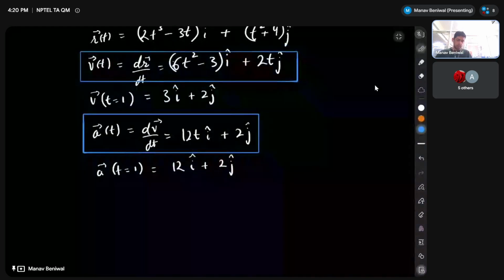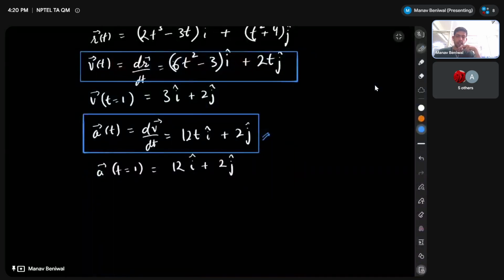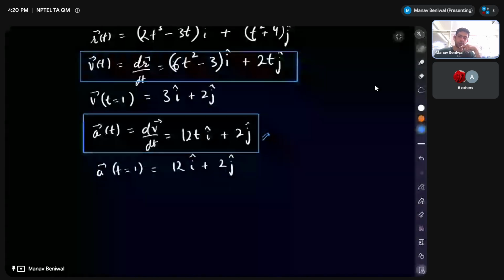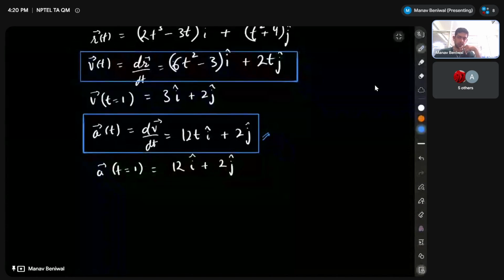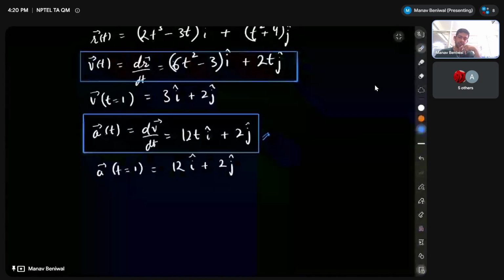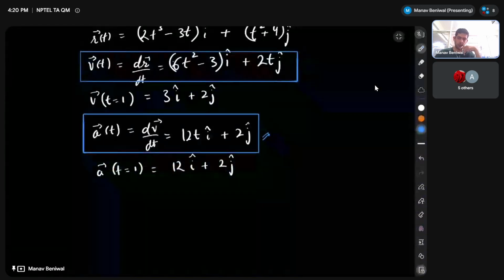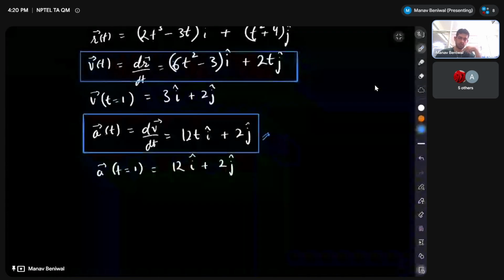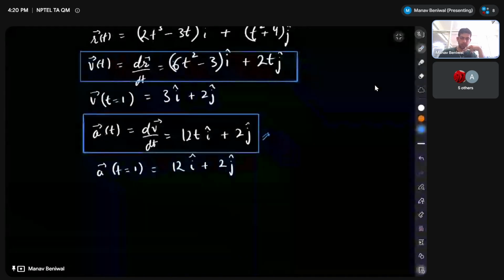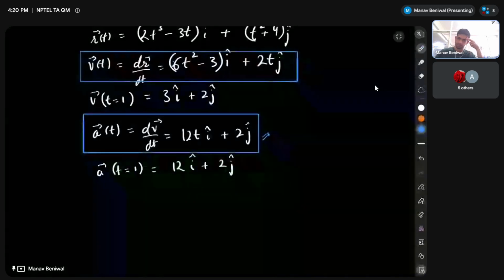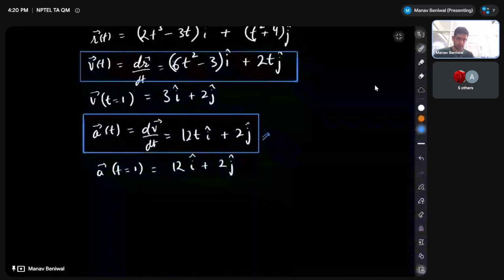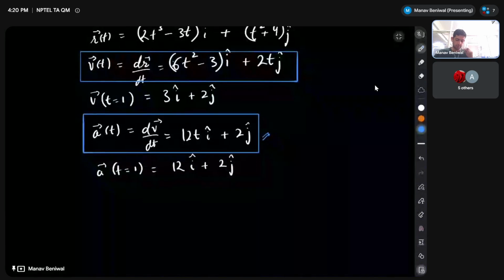You can see this a of t has a j component, but it is a constant component. It does not depend on t. Let's say t is 10 seconds, it is still 2 j cap. If t is 0 seconds, it is still 2 j cap. So there is no time dependence. It is just a constant acceleration. And so this is our v.